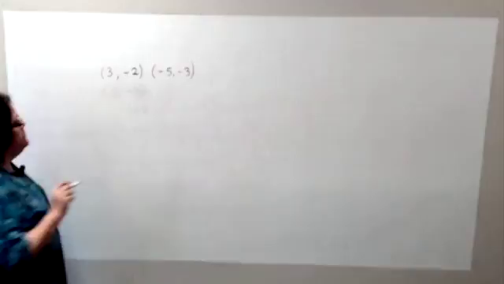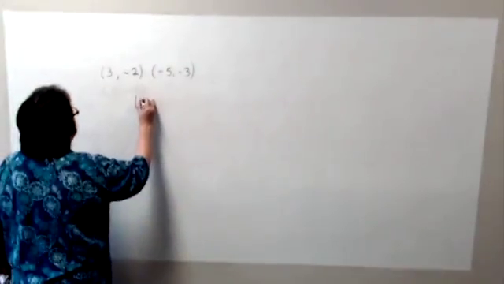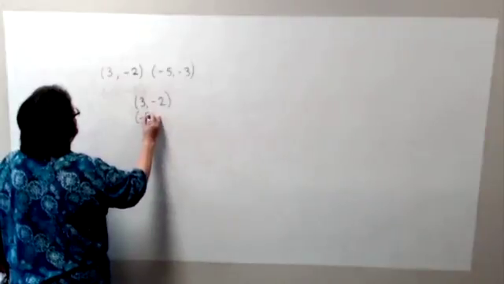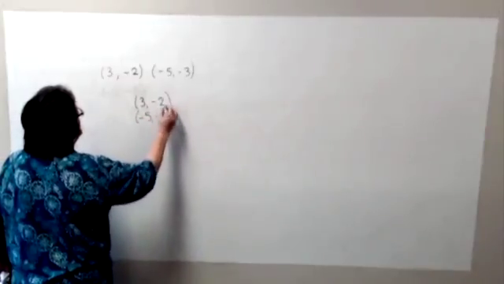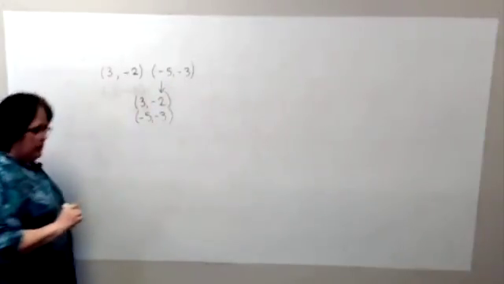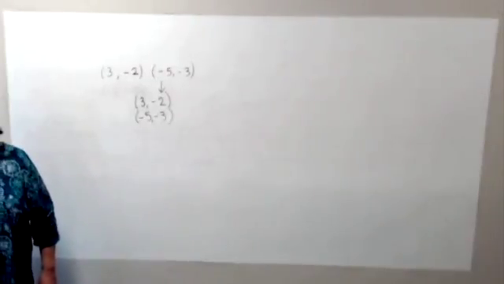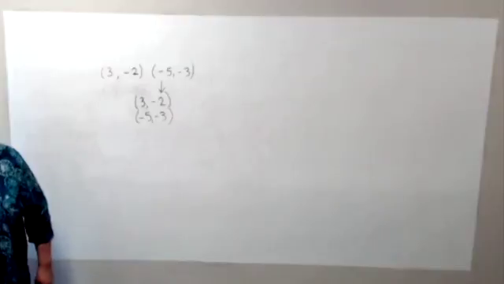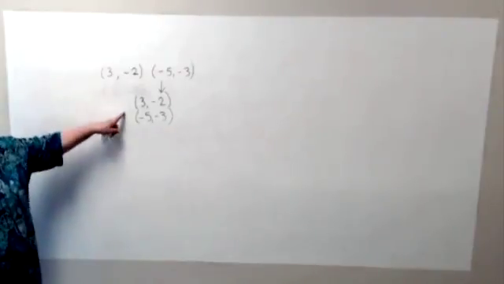The first step I told you was to write one on top of the other. And then I said, put an arrow over your y's. This is what we talk about in the video and we do over and over again in class. Is this step confusing?